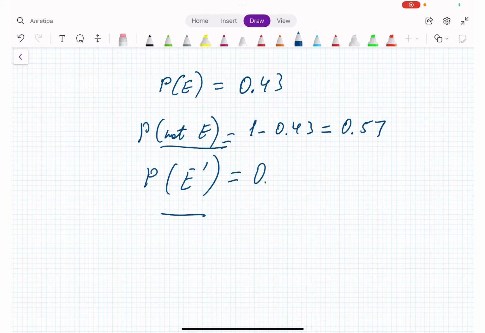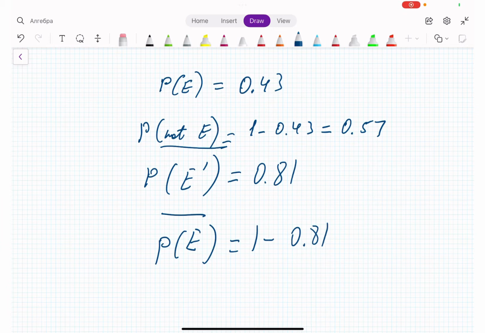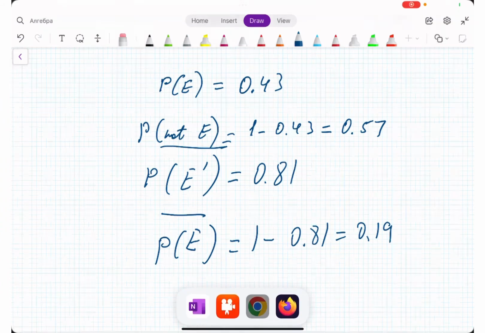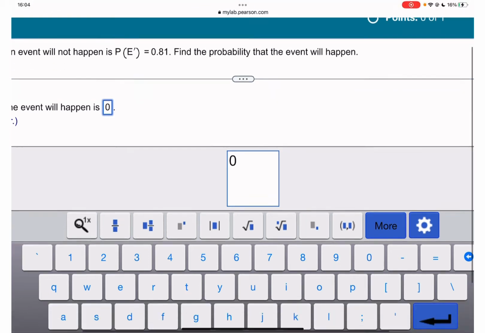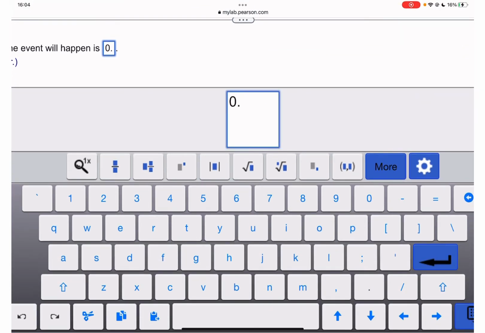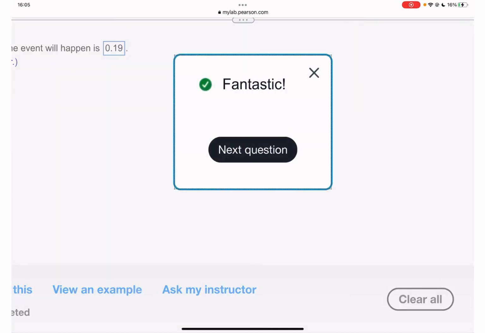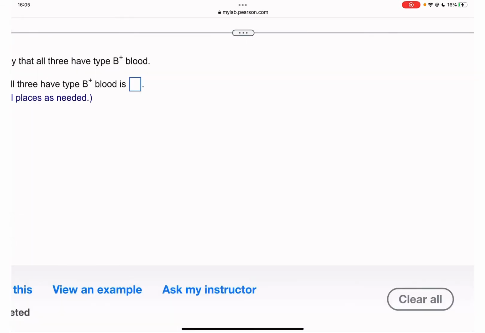If it will not happen is 0.81, then the probability that it will happen is going to be 1 minus 0.81, right? It's going to be 0.19. Pretty straightforward. Fantastic. Moving to next question.